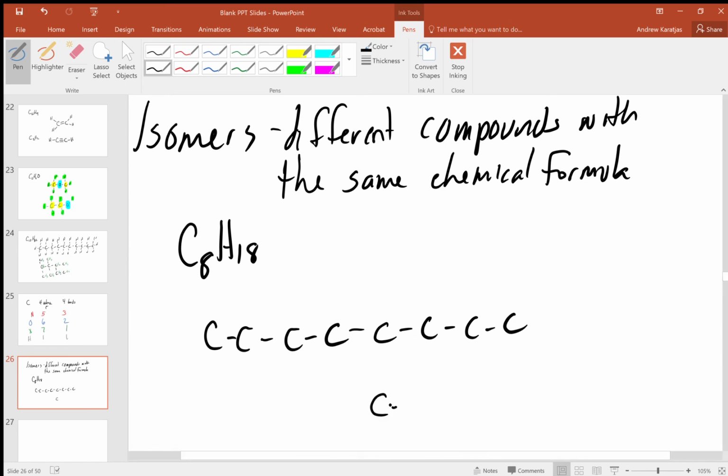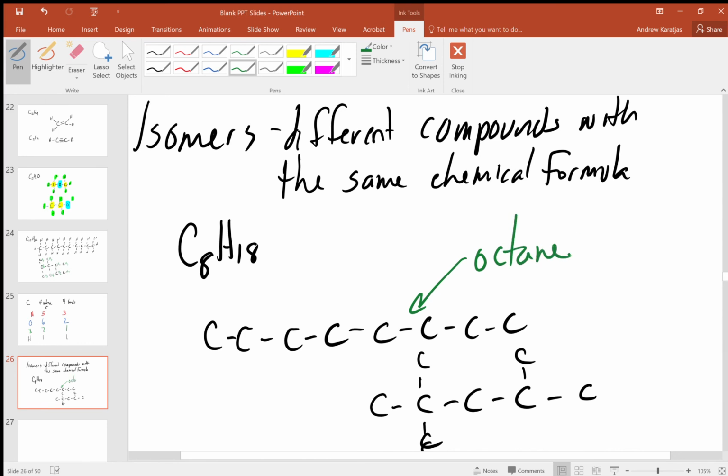So as you might guess, it has something to do with what you might put in your car. Here are two methods for arranging the 8 carbons. So the compound up on top, this is octane, and is something you probably don't want to put in your car.